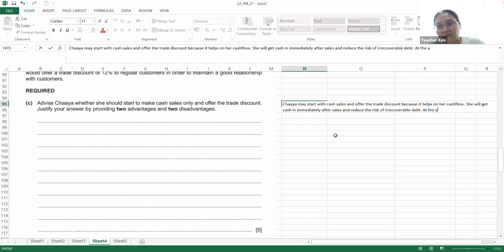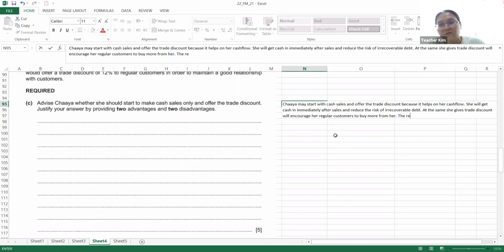At the same time, giving a trade discount will encourage her regular customers to buy more from her.